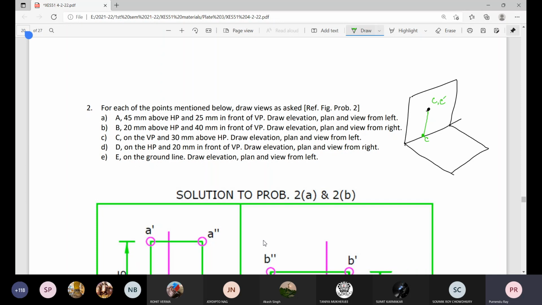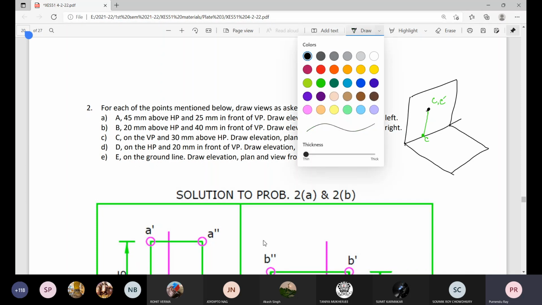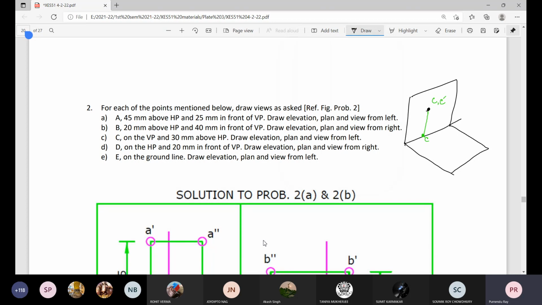So ultimately what we get, this is the ground line. We draw that projection line.